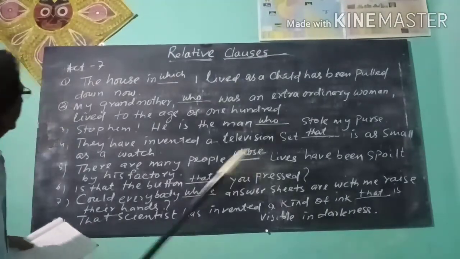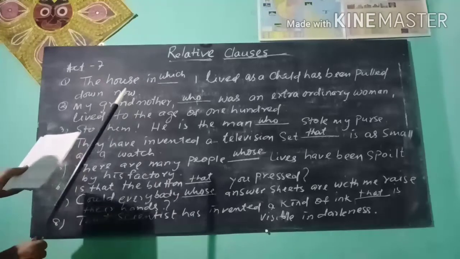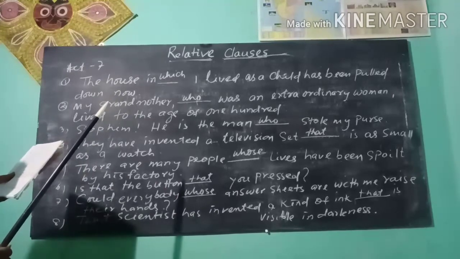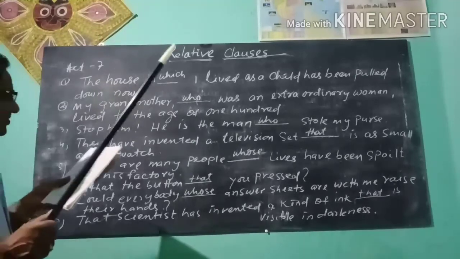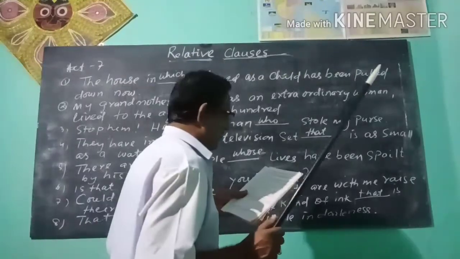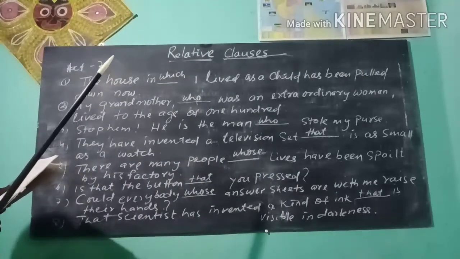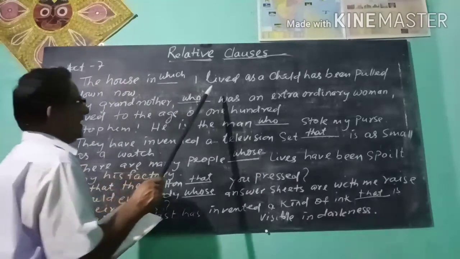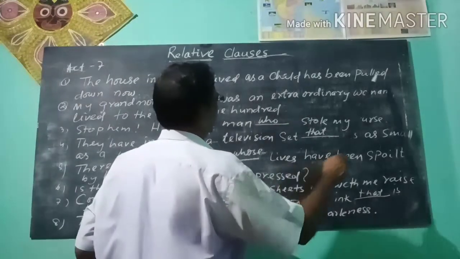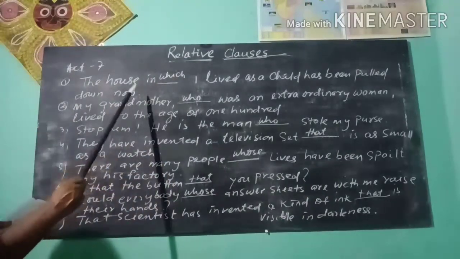And now you see activity 7. Activity 7 says fill in the blanks with relative pronouns such as who, which, where, whose, that, etc. The house in dash I lived as a child has been pulled down. Here, which relative pronoun is used?